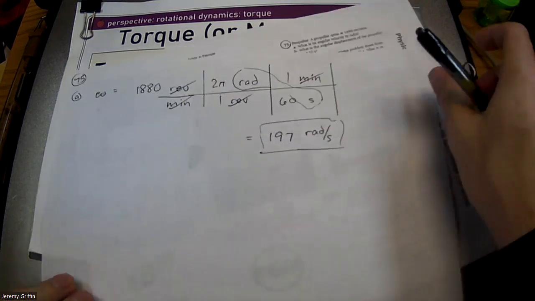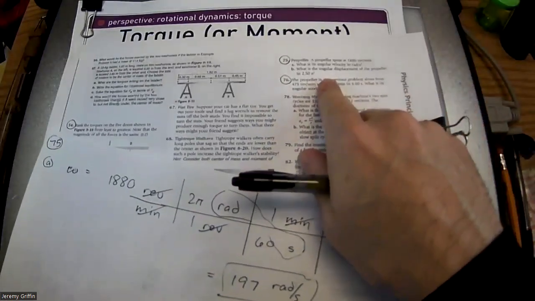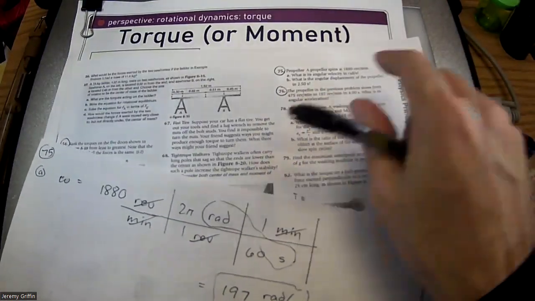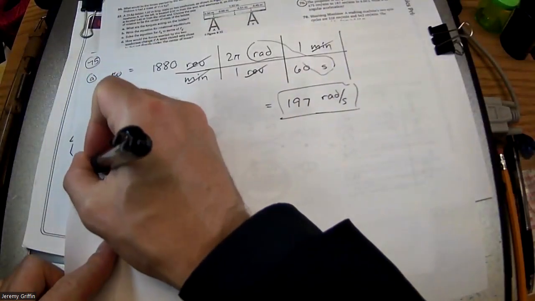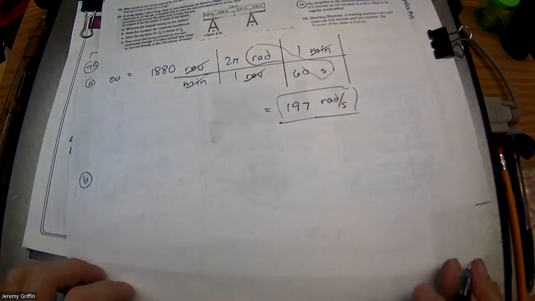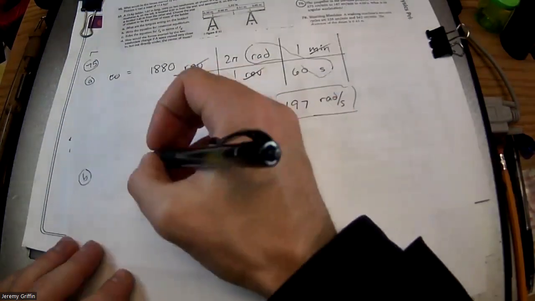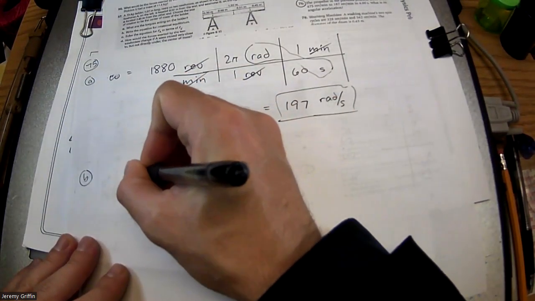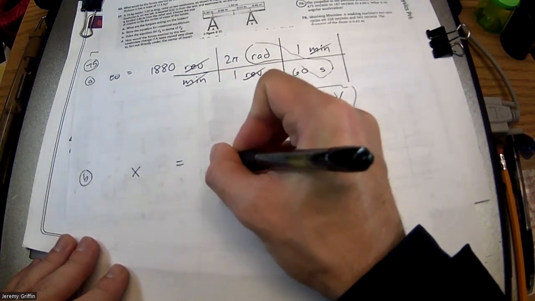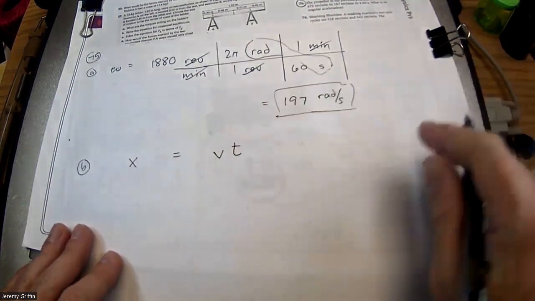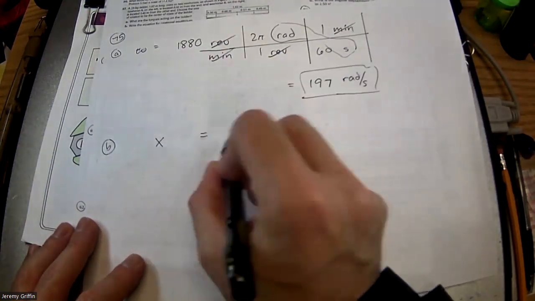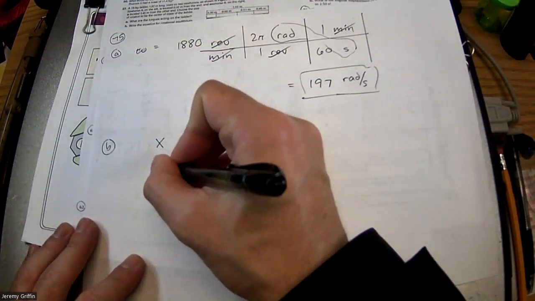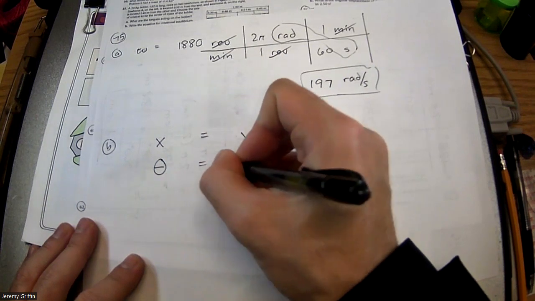Next question, question B. What is the angular displacement in 2.5 seconds? You guys remember linear displacement is equal to velocity times time? What's the rotational equivalent of this? Angular velocity times time.